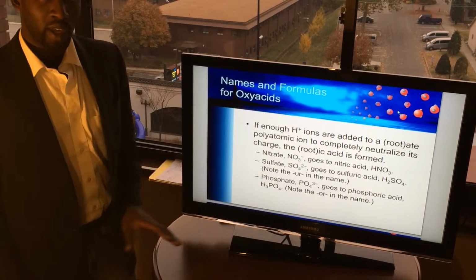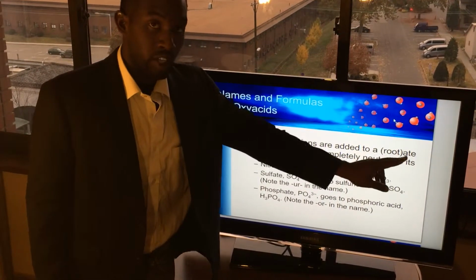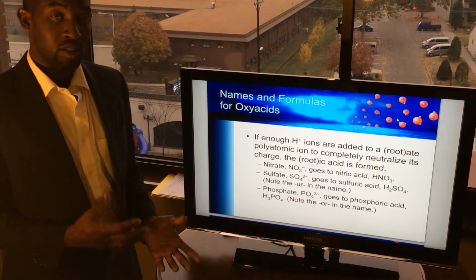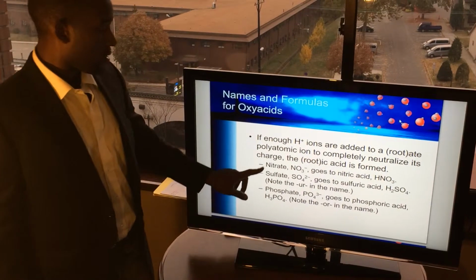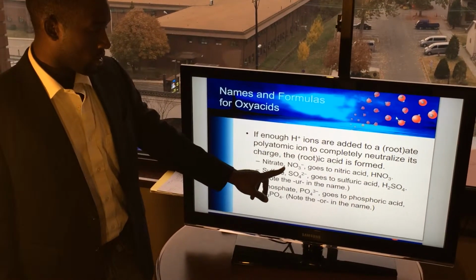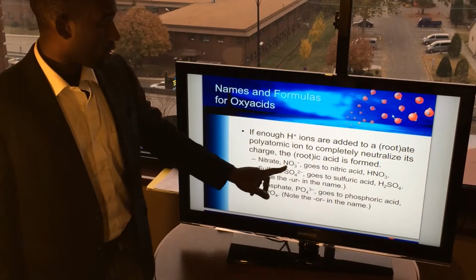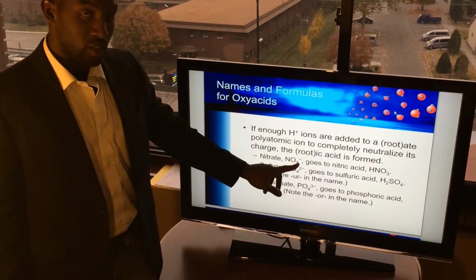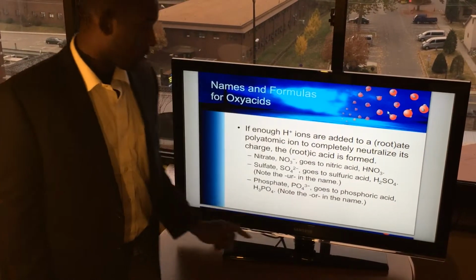So they're just giving you a roadmap. If you have a sulfate and you add enough hydrogens to make it neutral, you form sulfuric acid. For example, nitrate, the root is nitr. If you add enough hydrogens, in this case you only need 1, it becomes nitric acid.